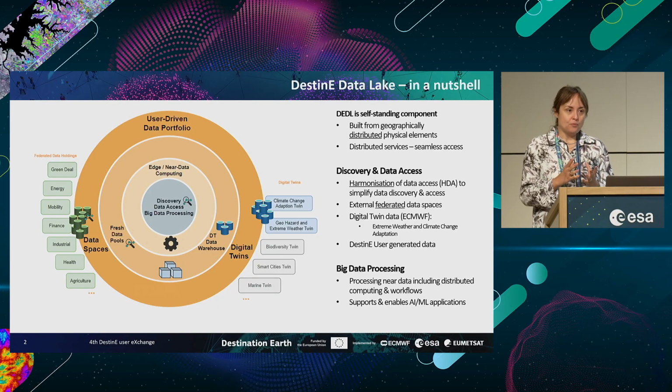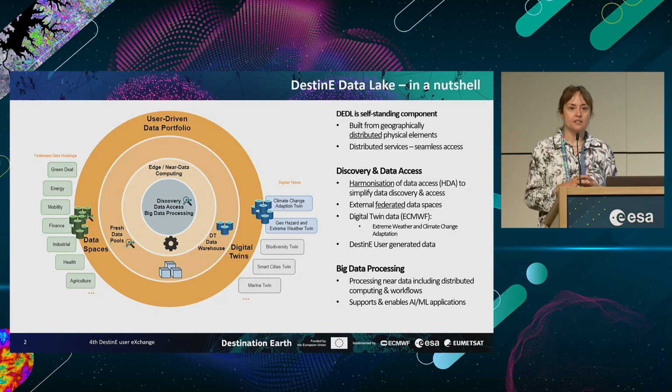This is hidden from the end users because they can seamlessly access data and services that are located all over Europe. In the center of the onion, you can see the discovery and data access element, via which we provide access to digital twin outputs and a wide area of federated data providers.